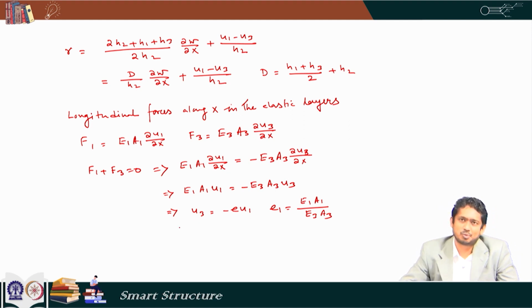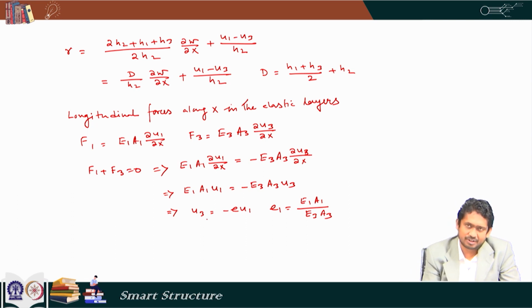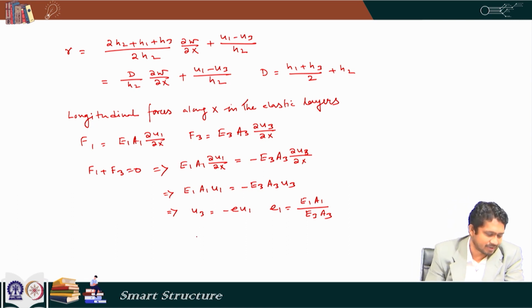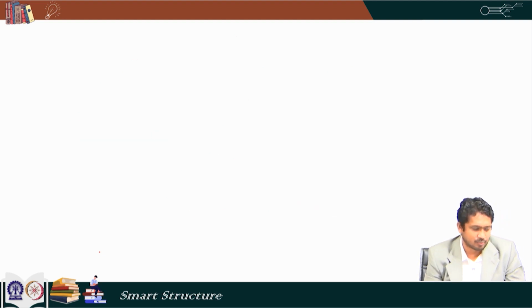Now, in the problem I have two unknowns, one is W and one is either U3 or U1. So, now in the formulation we will take U1 as the unknown, and we define U1 as just U, and we will solve the problem. Now, before doing that, we have to write the shear stress also.